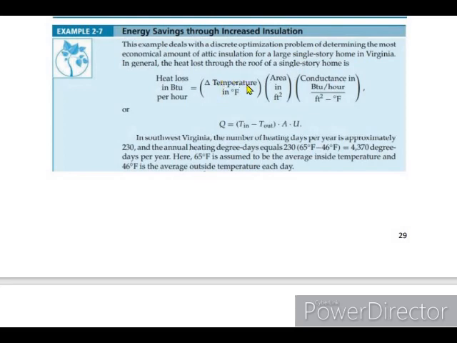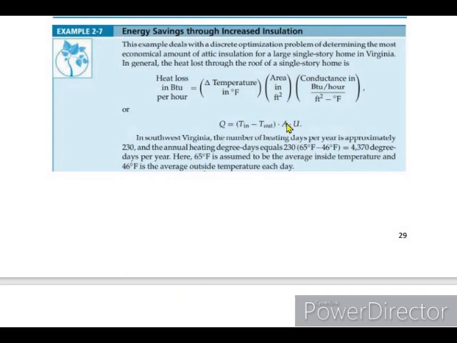When you see a delta, it means there is a change, okay? Change in temperature in degrees Fahrenheit, multiplied by the area in feet squared, then multiplied by the conductance in BTU per hour over feet squared minus degrees Fahrenheit.